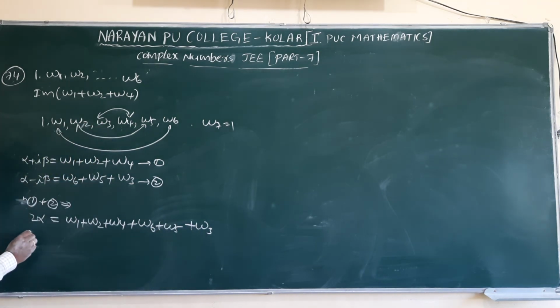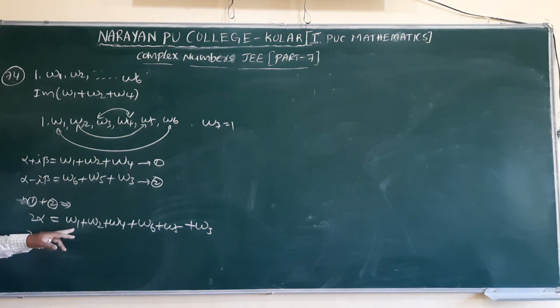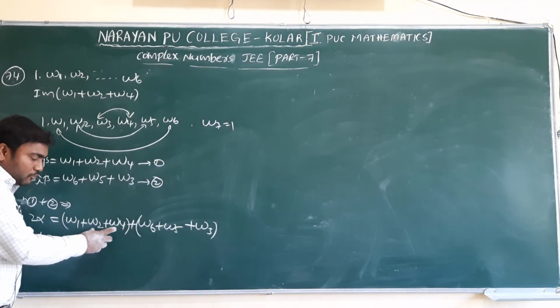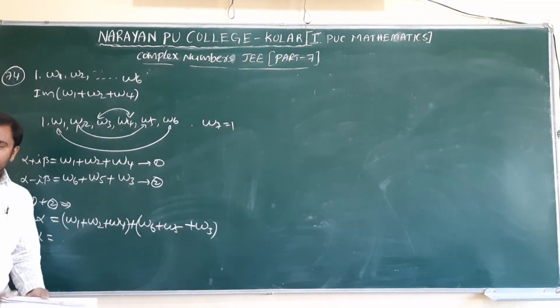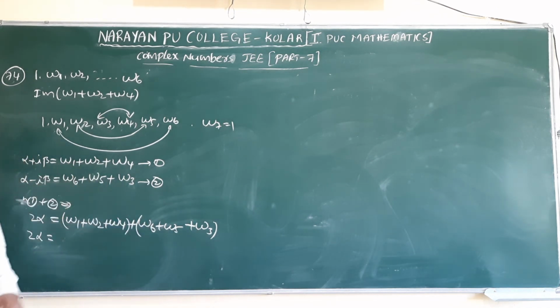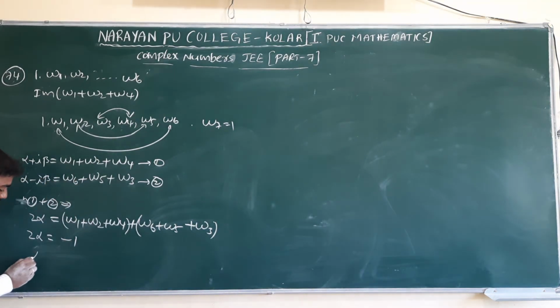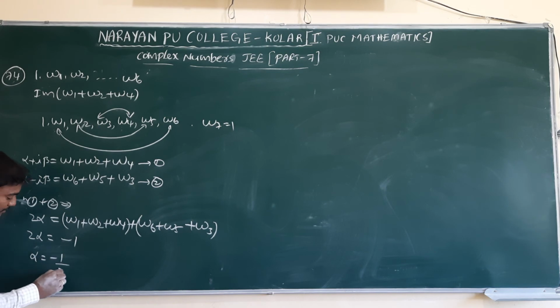Here omega 1 plus omega 2 plus omega 4 is the conjugate of omega 6 plus omega 5 plus omega 3. The sum of these we are getting is minus 1. Now alpha is equal to minus 1 by 2.